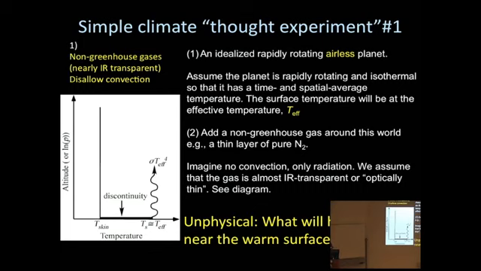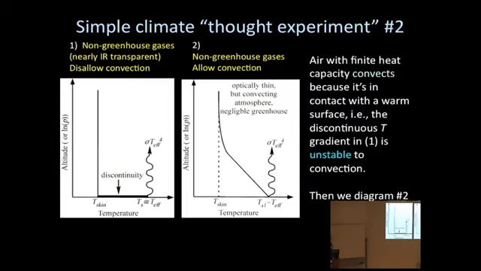So let's add convection, and then we get this. We'll have a convective profile. Remember, this is still not a greenhouse gas in this atmosphere, so our surface temperature is still pretty close to our effective temperature.